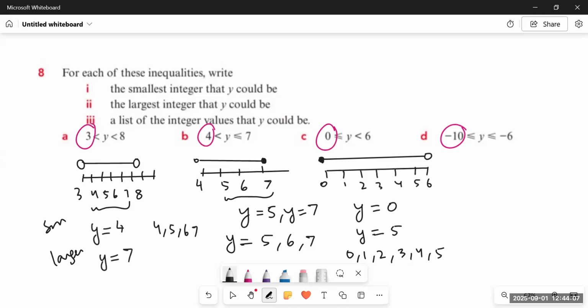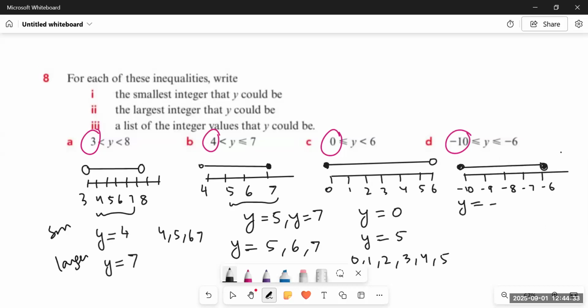For the last one, we have digits from -10 to -6. So let's draw them. -10, -9, -8, -7, -6. Okay. And since both of them have equals to sign, it means both of the circles will be colored. It means the smallest digit included is -10 and the largest digit included is -6.